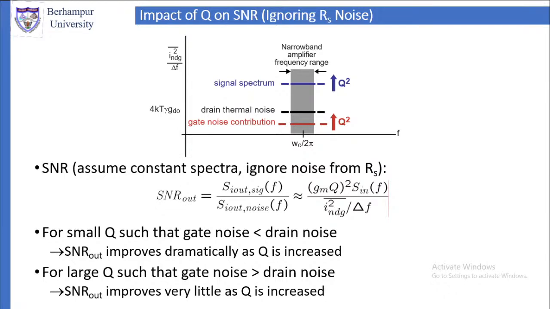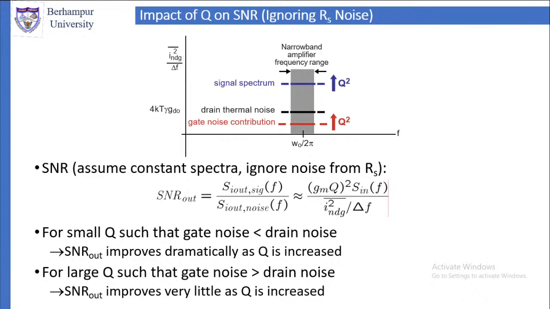That ratio is approximately equal to the spectral density of the output current. We have found the expression, that is gm Q whole square into spectral density of the input signal divided by spectral density of the output noise, which is the covariance of the induced gate current by delta f.